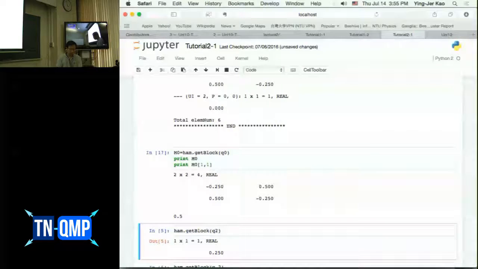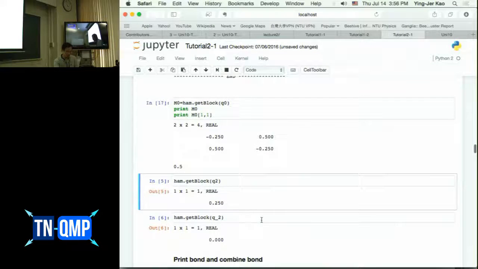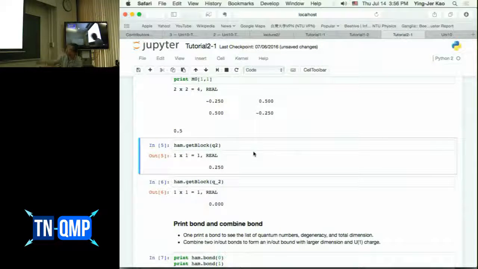So I take out the Q0 block, and this is the 2x2 matrix. It's very easy to take out the symmetric blocks, and you can take out a list of blocks. I take out the Q2 block, which is just one element, and the Q minus 2 block is just another element.